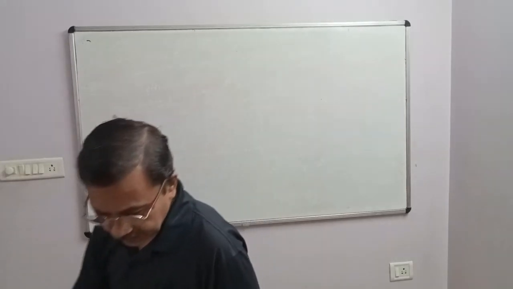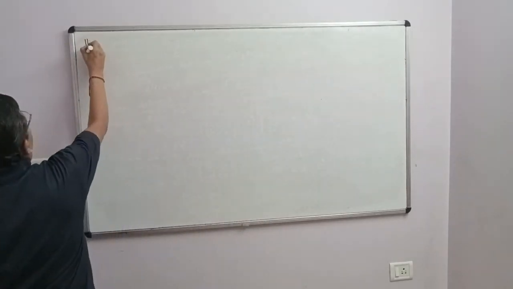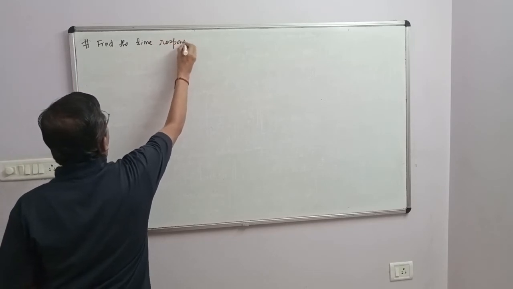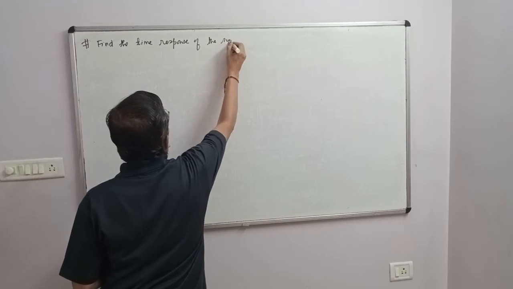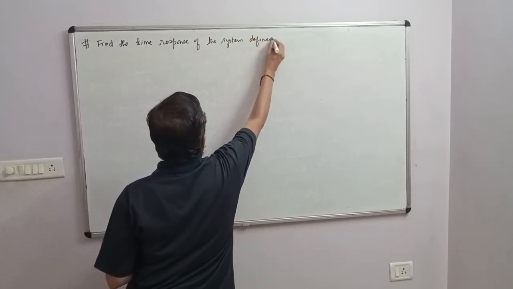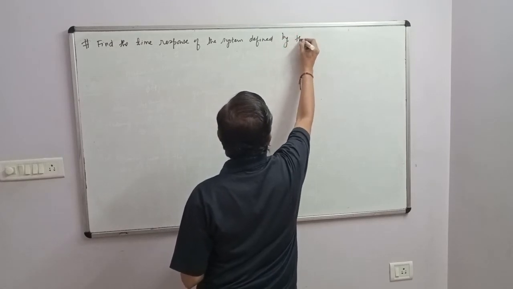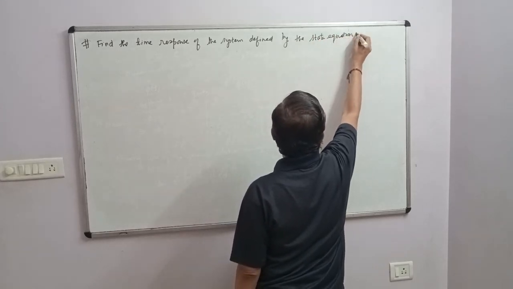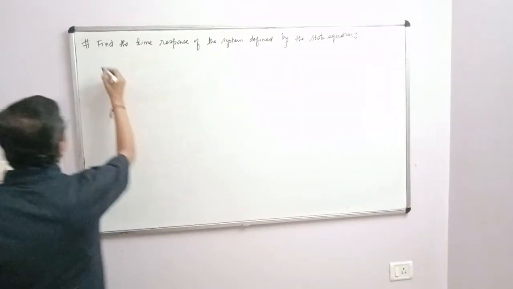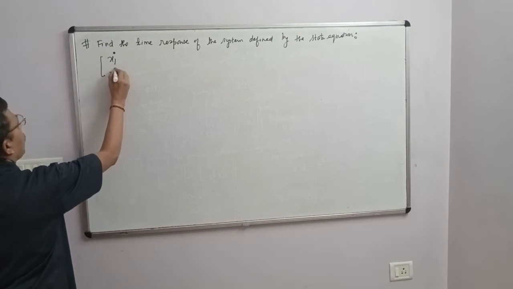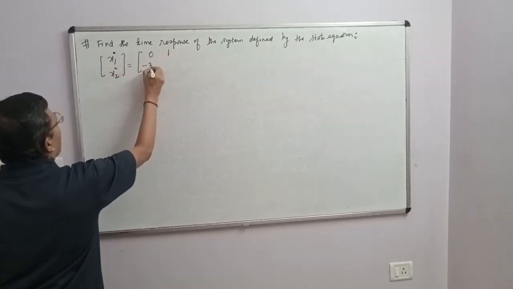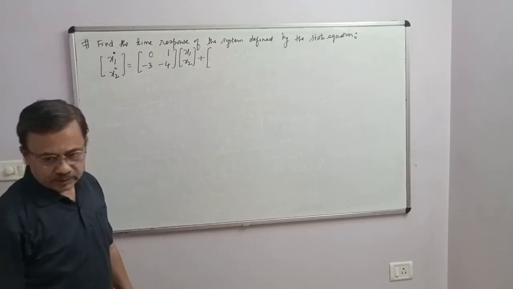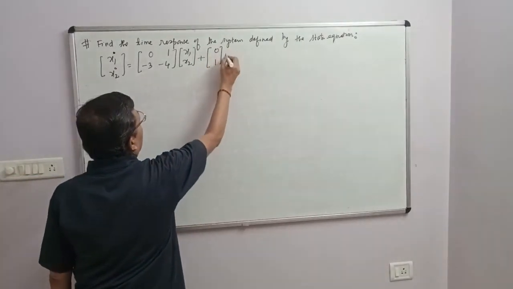Next problem. Find the time response of the system defined by the state equation x1 dot, x2 dot is equal to 0 1 minus 3 minus 4 multiplied by column matrix x1 x2 plus 0 1 into u.